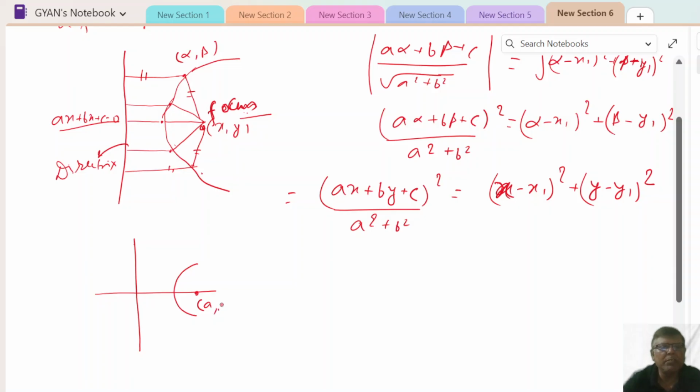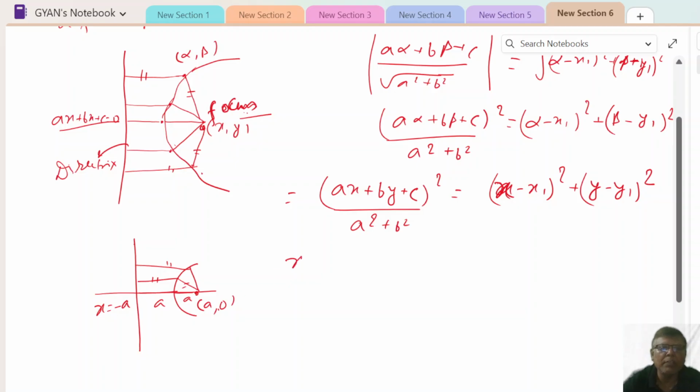So this point is (a, 0) and this line is x is equal to minus a. This distance is a and this is an equal distance a. So this distance will be equal to this one. Now put these values here.